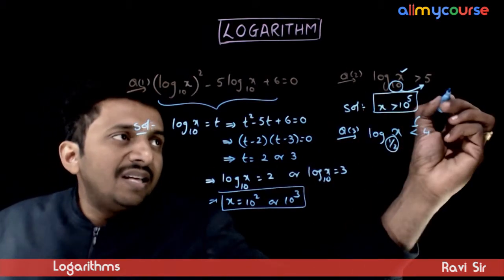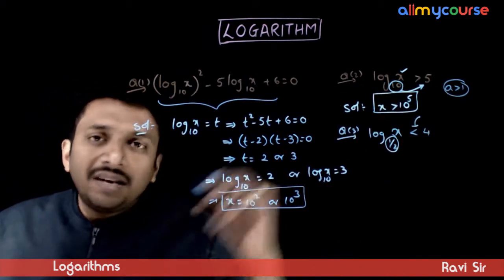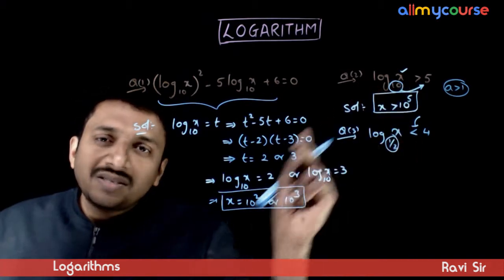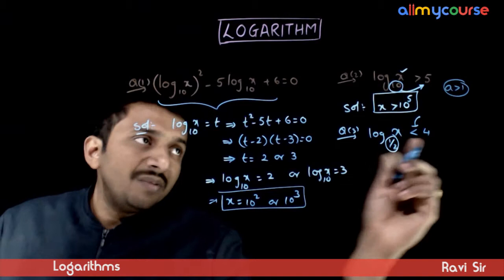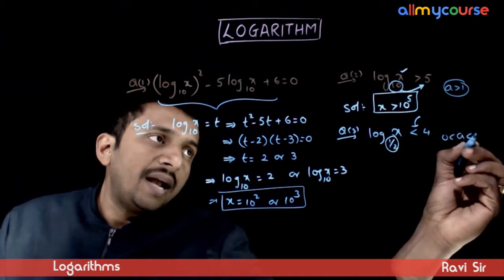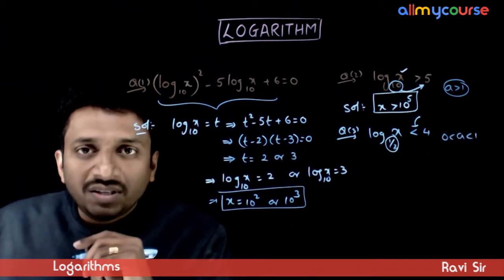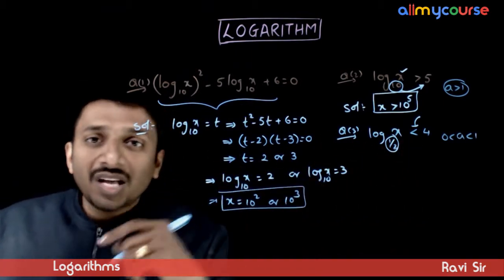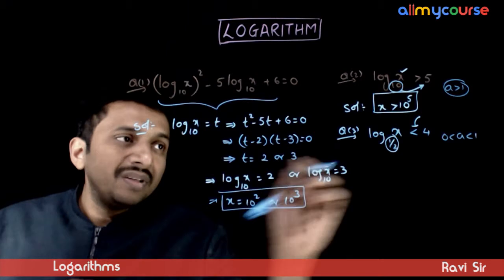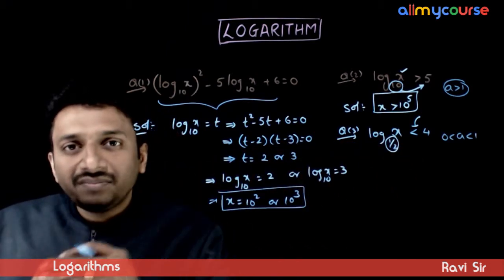So if the base is greater than 1, then you can do the operations exactly as you have done for equalities. If the base is in between 0 and 1, you can convert this into exponential form, but you need to reverse the sign.